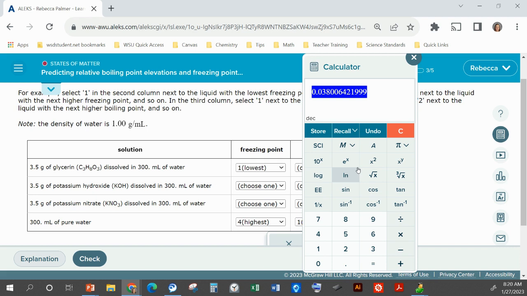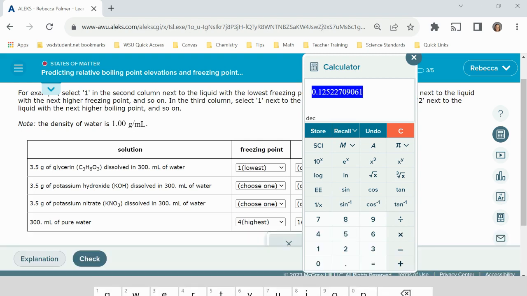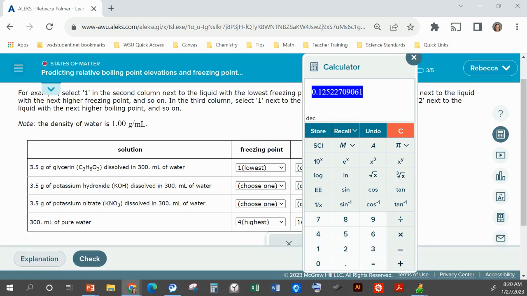And then when I do this part, divide by 0.3035 equals 0.0125. Okay, that's my molality for the number 1. And this would be moles per kilogram. So we're looking for the biggest molality that will have the greatest effect on our boiling points.